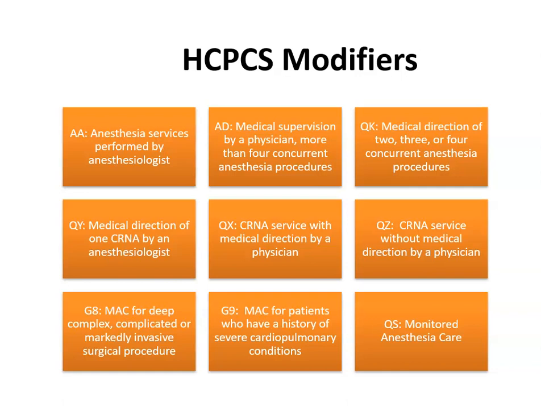So for example, modifier AA says that the anesthesiologist actually personally performed the service. And then you have a modifier like QZ, which basically says that the service was provided without direction by the CRNA. Now, there's a couple more that are listed here.